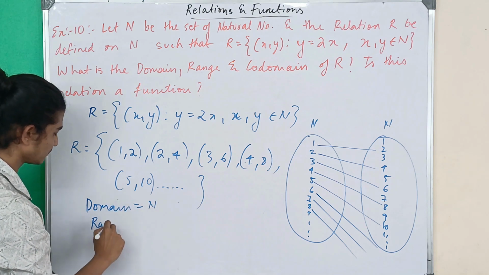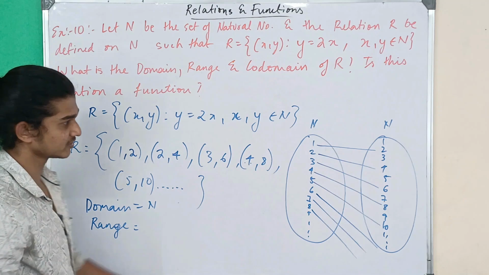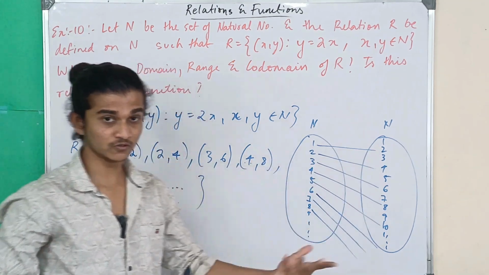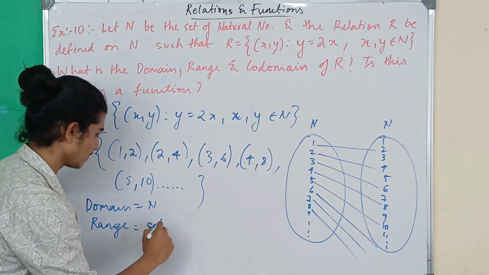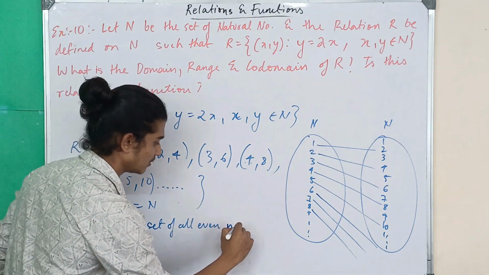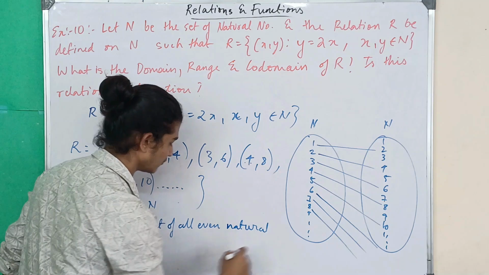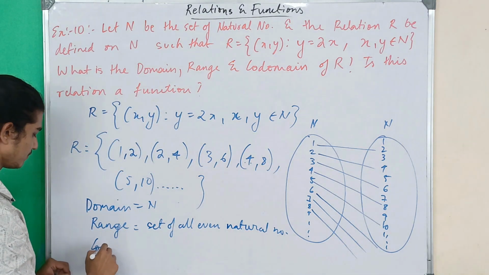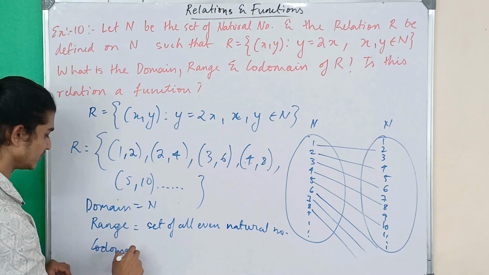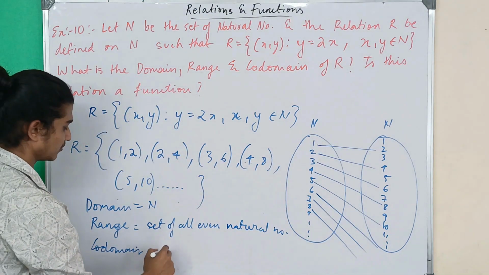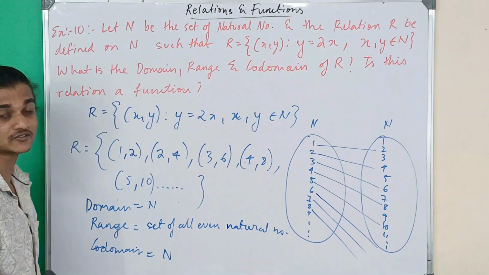Our range, you can see, is 2, 4, 6, 8, 10, and so on, so the set of all even natural numbers is our range. And our codomain, as I told you, is always the second set, so codomain is the set of all natural numbers. So this is the answer for the 10th one.